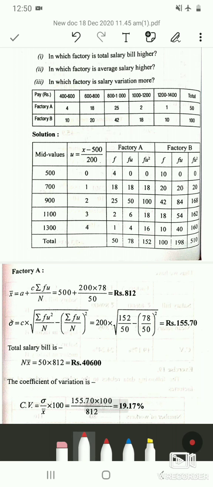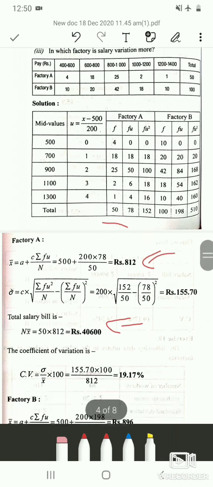Therefore the total salary bill for factory A is n into x bar. We have got the value of x bar and n value is 50 for factory A, therefore 50 into x bar, which is 40,600 rupees.